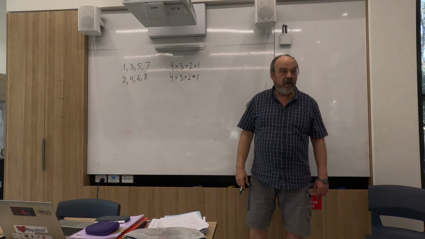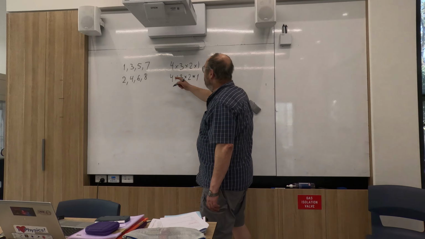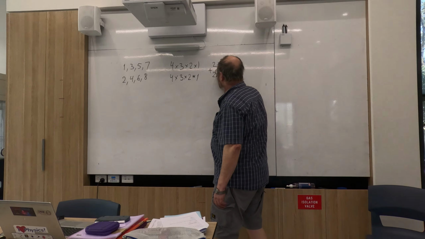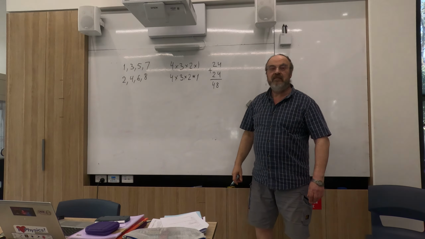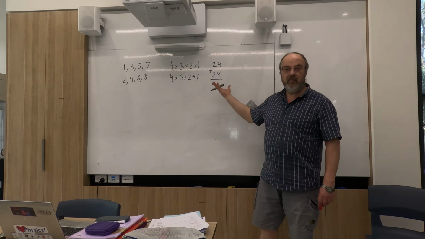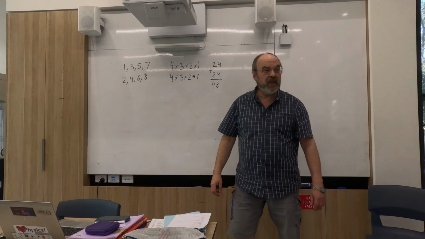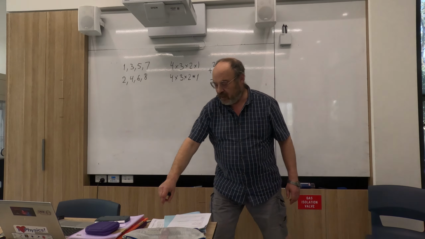We need to add them for the two cards: 24 plus 24. So you will need 48 attempts to unlock both codes. Makes sense? That's pretty much all we're covering today.